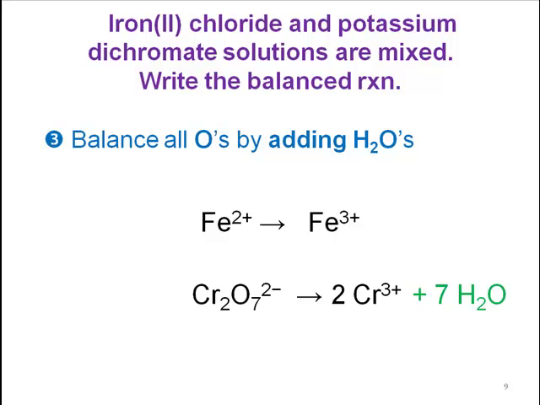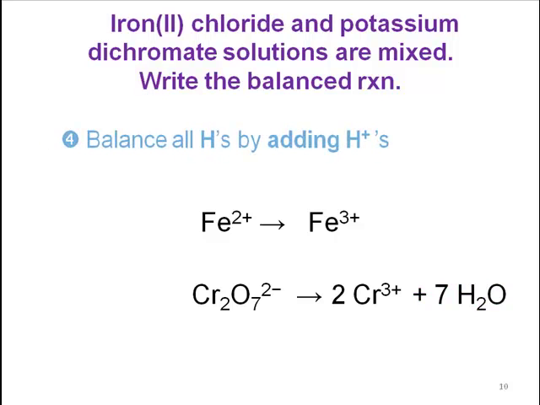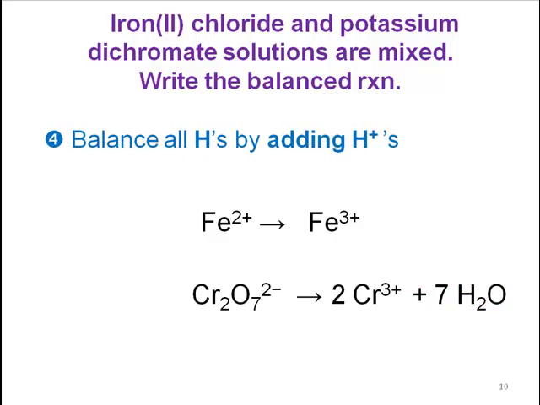So we've written the half reactions, balanced all but O and H, and then we balance the O's by adding water. Step number 4, balance the H's by adding H pluses. Now there's no H's, but you just added some H's.